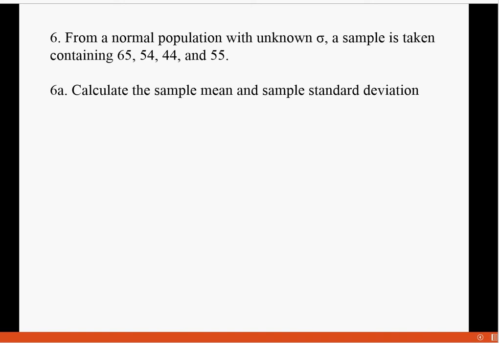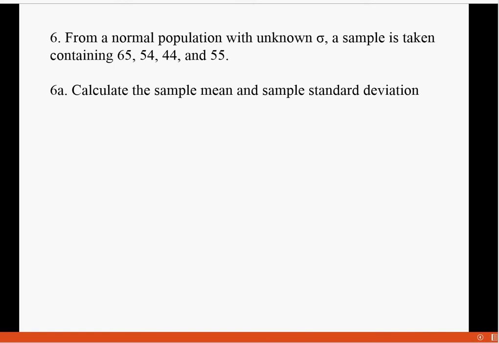Then you bring back the sample to calculate the sample mean and the sample standard deviation. Then you build some confidence interval. So this is the type of question that has more realistic values.